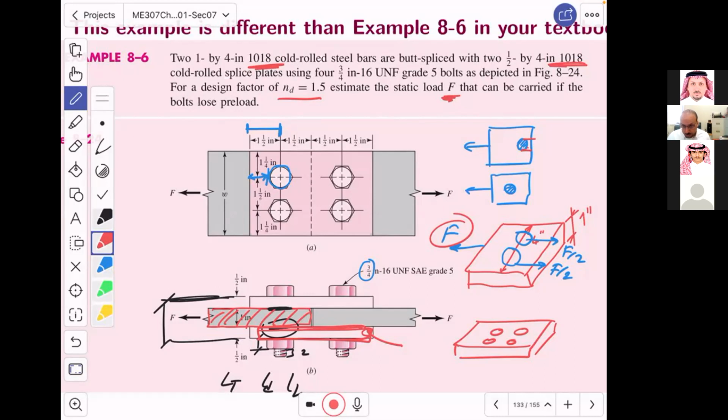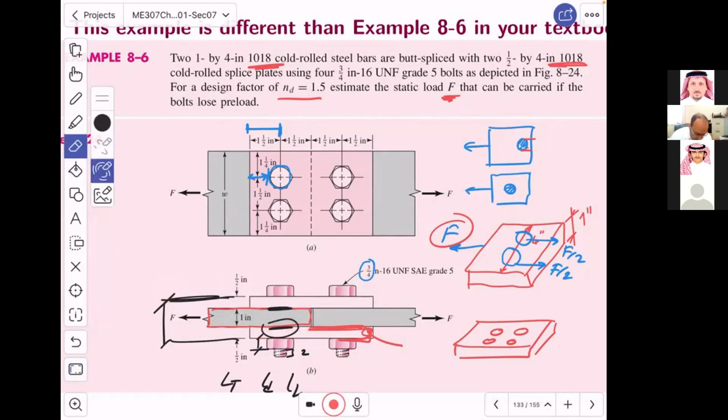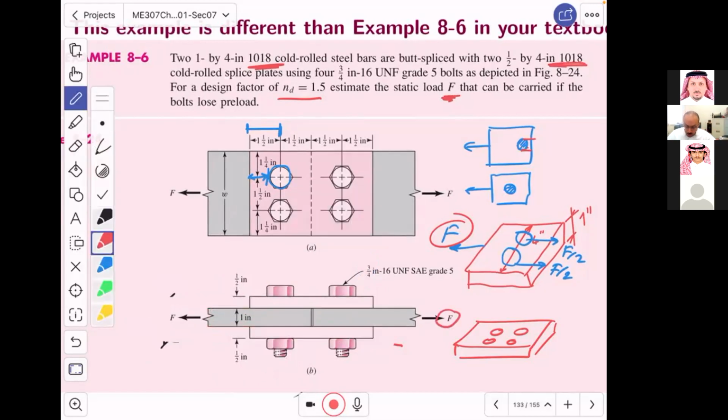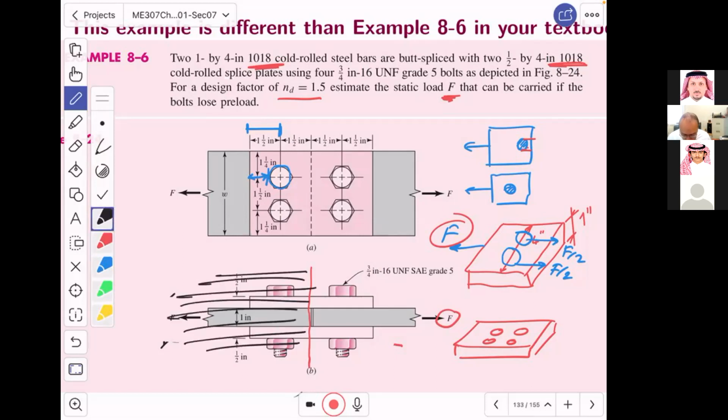You can think of it this way also. If you look at the problem, you see that we have this force. And if you just look at it and you cut this, this is how we draw a free body diagram. So I don't want you to look at this anymore. Now, if you look at this one, what would you see?